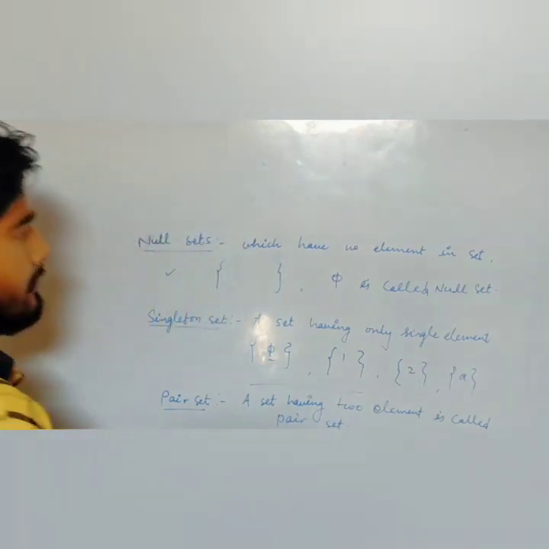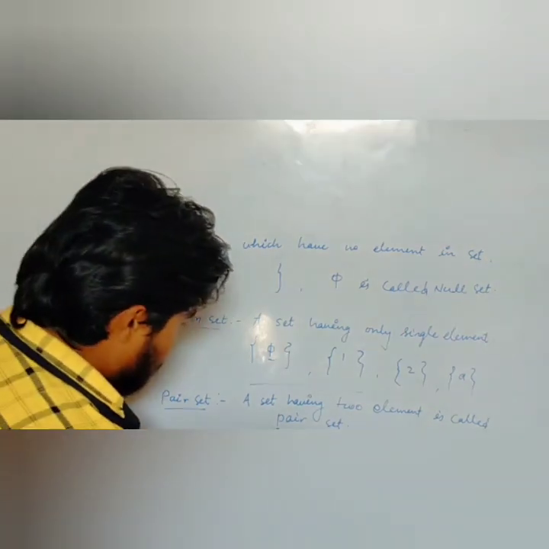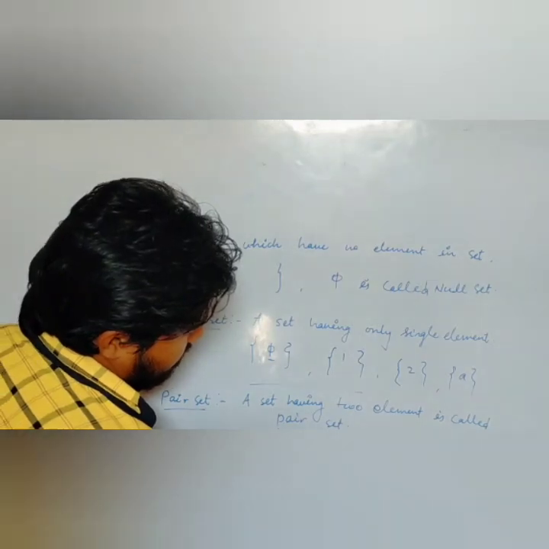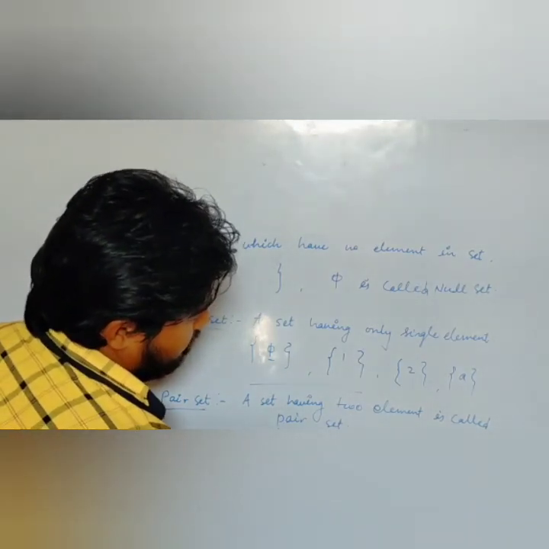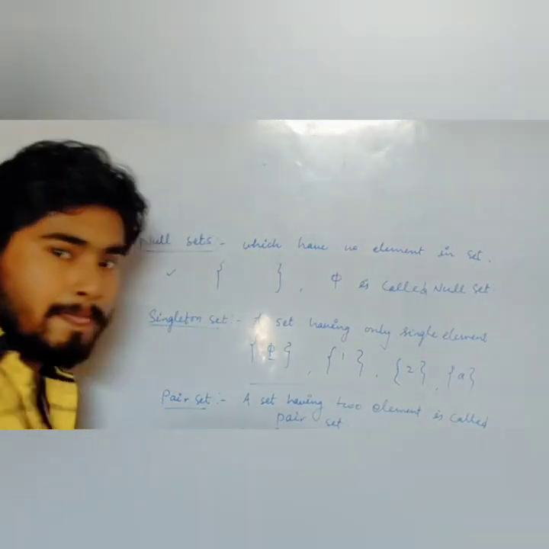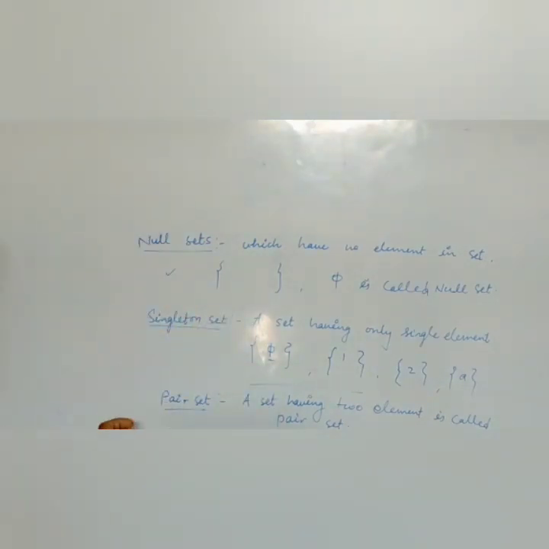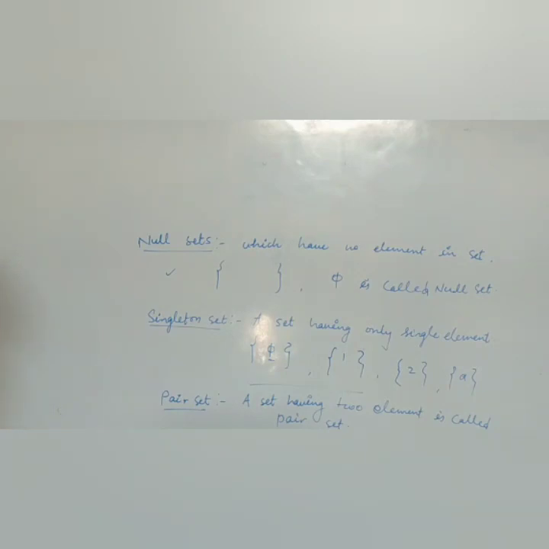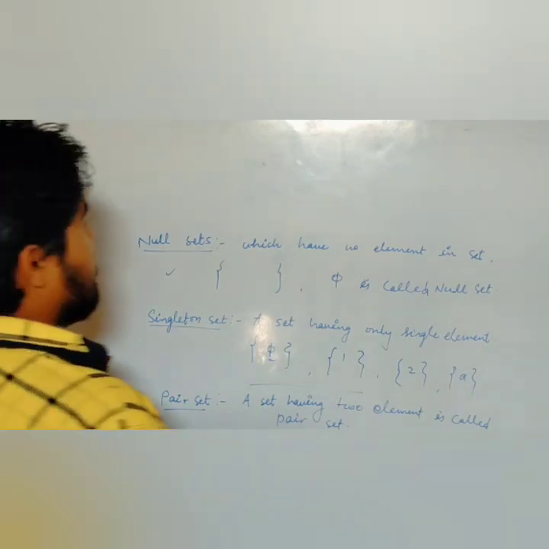Examples are 2 and 5, A and B, and so many more examples. So this is this type of set, and now we talk about the subset.